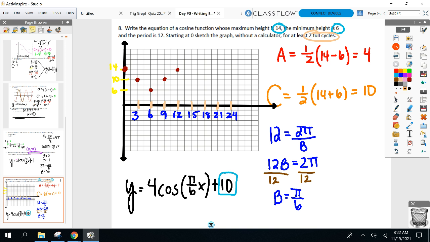So I should have 2 cosine curves here. Go ahead and finish it up. Connect them, and we're good to go here. Two cycles. Have a good weekend.